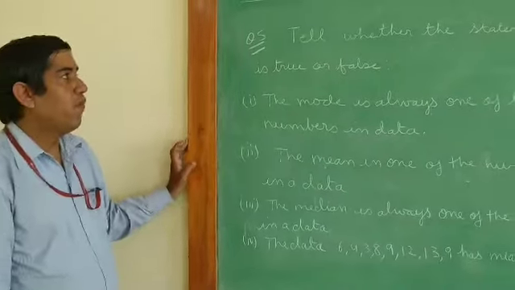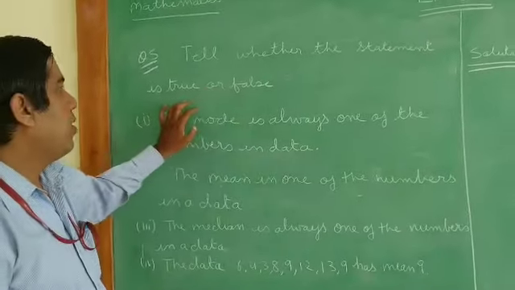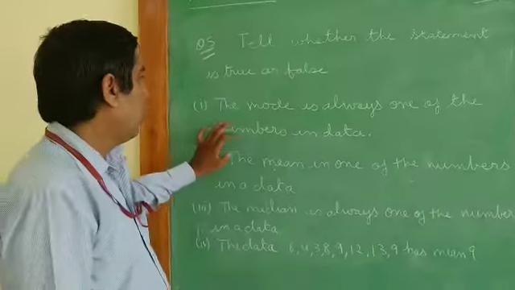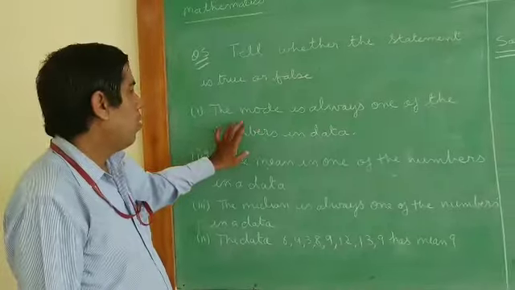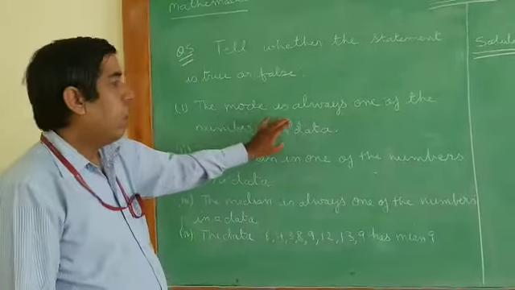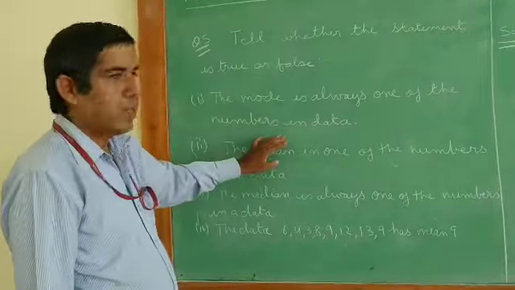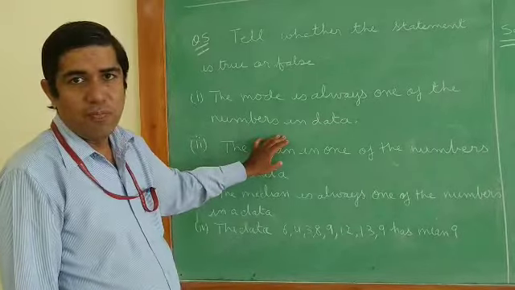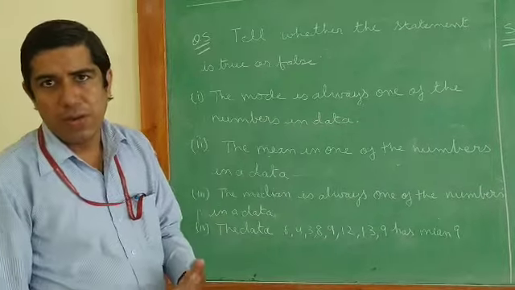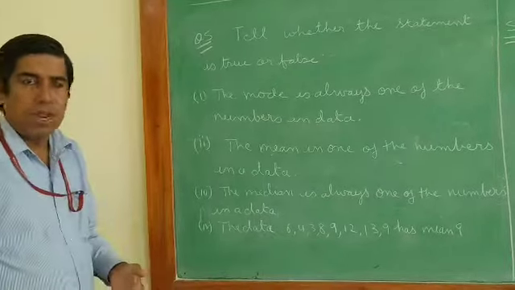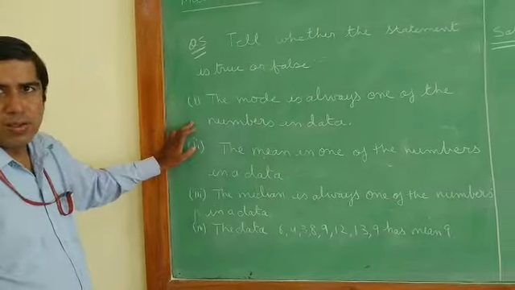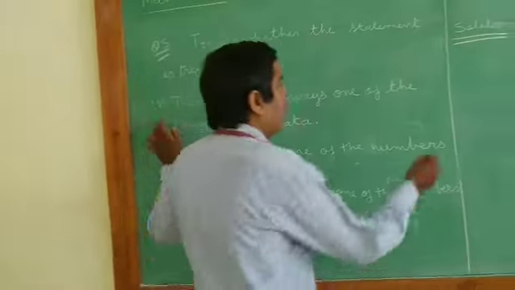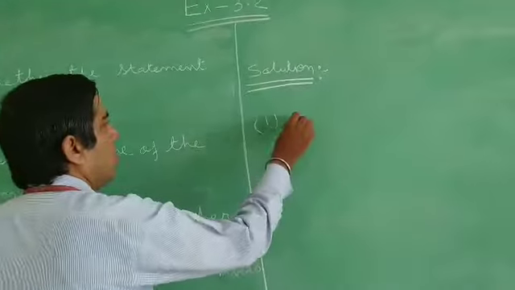Now question number 5. Tell whether the statements are true or false. The first statement: the mode is always one of the numbers in the data. So what is the definition of mode? It is the data which is repeating maximum time. So obviously this answer is going to be true.